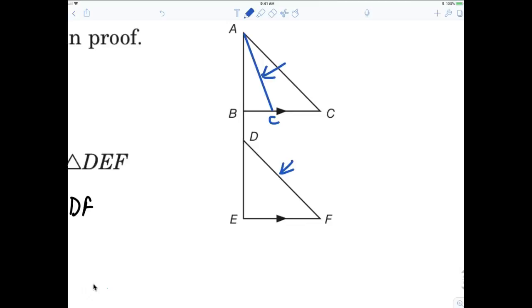Because I proved that those are congruent, I now can say that this angle is congruent to this angle, which are corresponding angles, which makes these lines parallel.